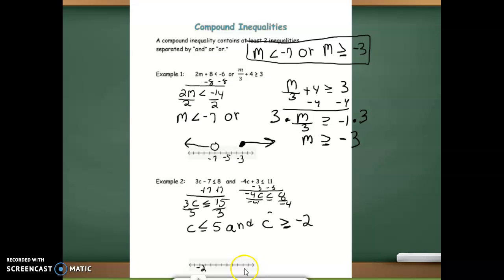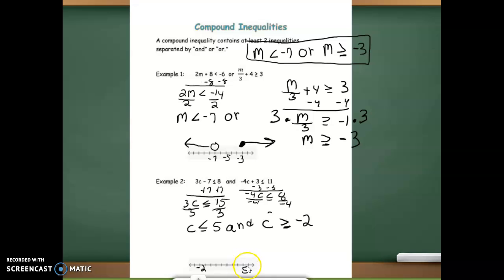And we're going to have 5. So c has to be, well, let's start on this side. Let's start on 5. c is less than or equal to 5, and it is greater than or equal to negative 2.